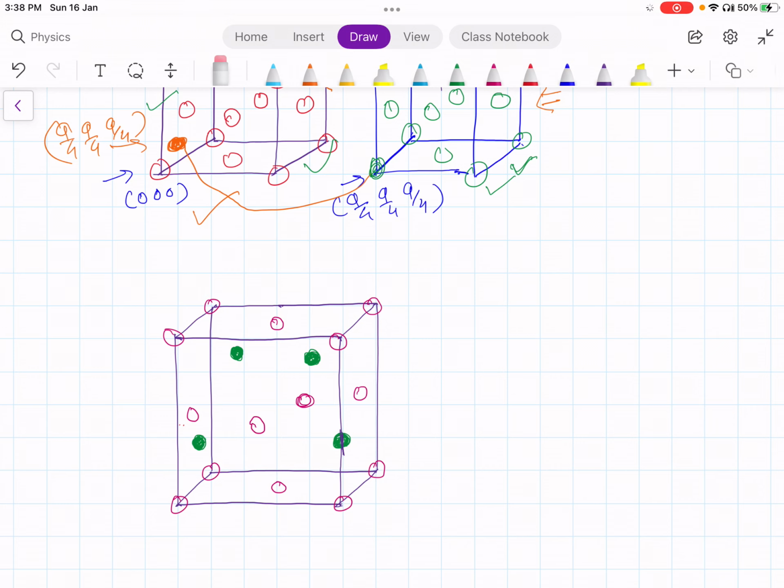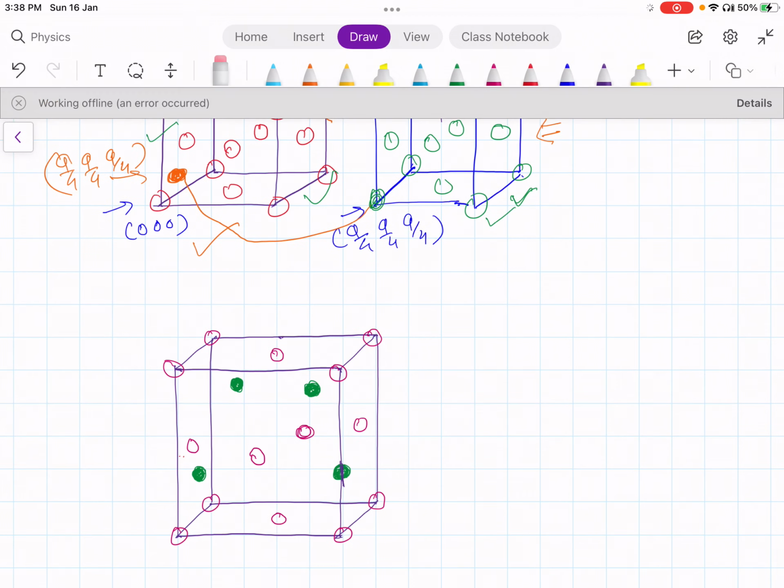Now, as I told you, each carbon atom forms 4 covalent bonds. It's not possible to show all the covalent bonds of all atoms, but here I am going to show the covalent bonds of inside atoms. So, if you consider this atom, it is very close to the front surface because it is at a distance a by 4.